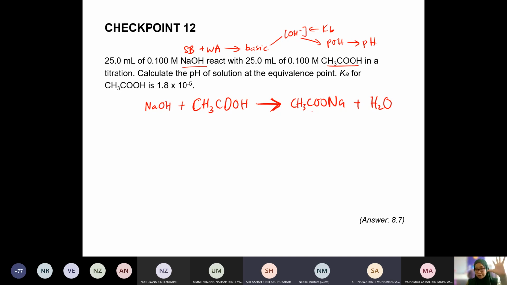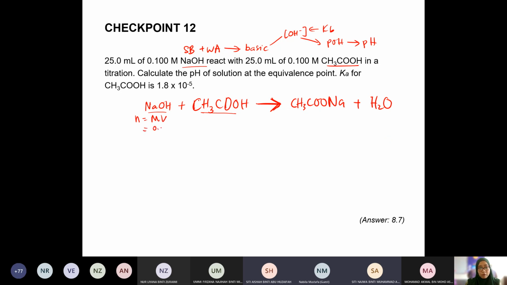Bila kita buat equation tu baru kita baca plan kan kat dalam otak kita ni. So we have this one. So we want to find the concentration of this. Okay, so what we have at the moment is this one. So we can find these two. Okay, alright, so we need to find the mole for sodium hydroxide and CH3COOH. Okay, so kita nak cari mole ni, n is equal to MV.